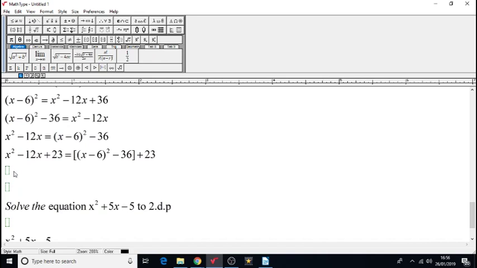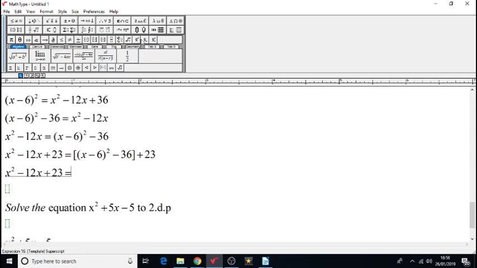So therefore, x squared minus 12x plus 23 is equal to x minus 6 squared, and what's minus 36 plus 23?